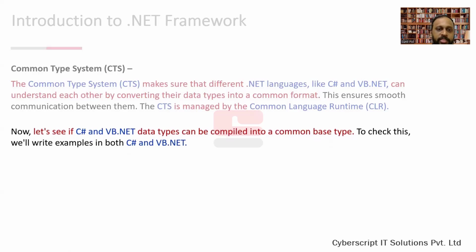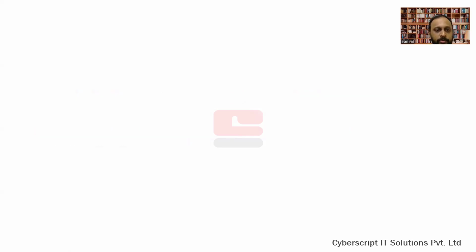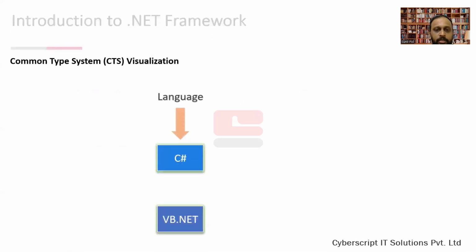Now let's see if C# and VB.NET data types can be compiled into a common base type. To check this, we will write an example in both C# and VB.NET. One code is written in C# and the other code is written in VB.NET. The data types used are int and Integer.